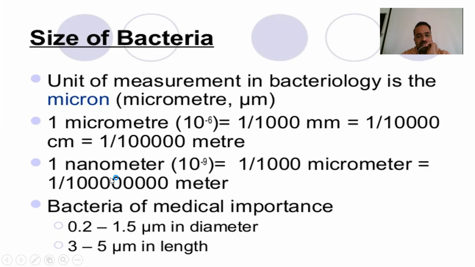And usually the normal bacteria of medical importance range from 0.2 to 1.5 microns in diameter and 3 to 5 microns in length. Usually this is the standard size of bacteria of medical importance. So this is how the size of bacteria is calculated or taken into consideration.